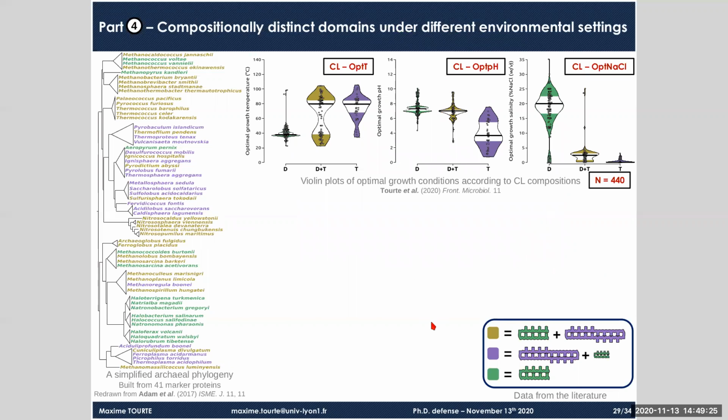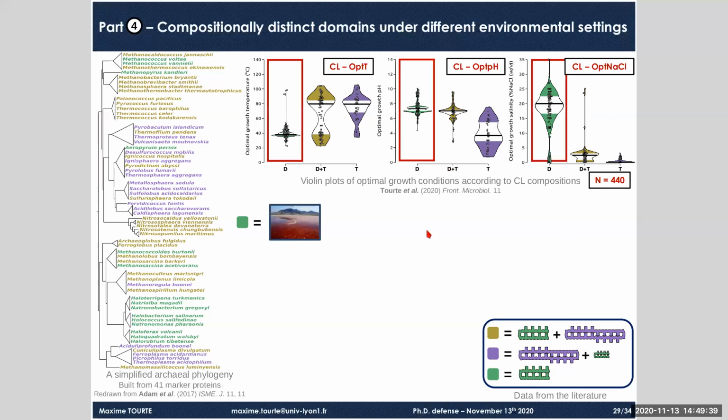We could also correlate the lipid composition with the optimal growth temperature on the left here, pH in the center, and salinity on the right of our archaeal strains. And what we could observe first is that the green strains tend to live in moderate temperature with neutral pH, but high salinity environment. So they are mostly halophilic strains.